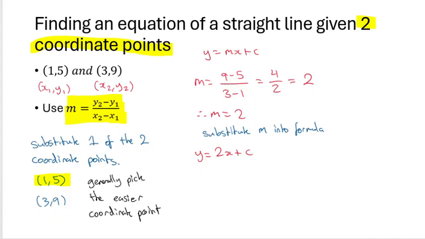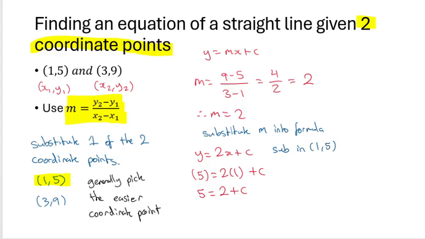There we go. Okay, so I'm going to substitute 1 and 5. And now it ends up looking like 5 equals 2 bracket 1 plus c. Now, this actually just ends up being 5 equals 2 plus c because 2 times 1 is 2.